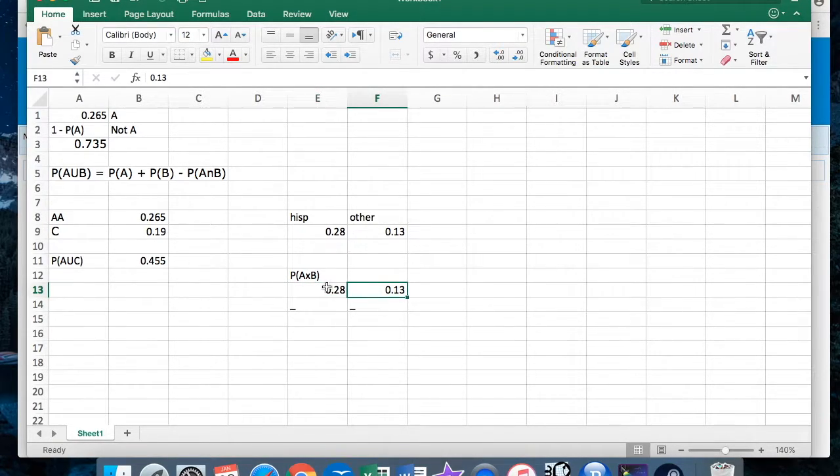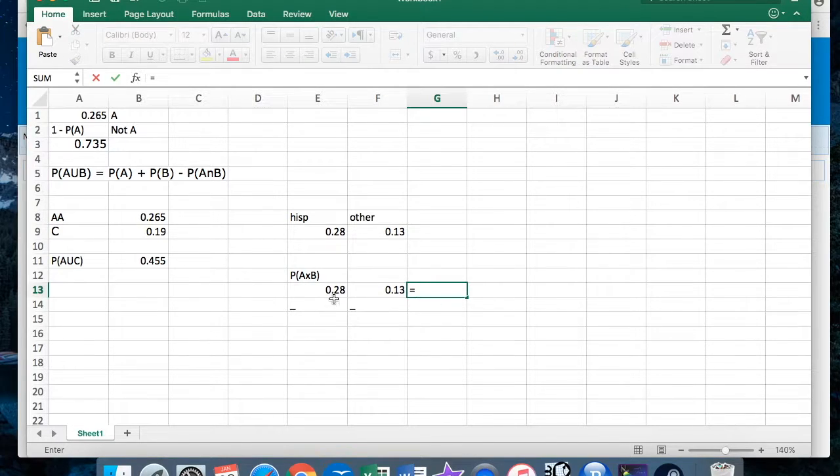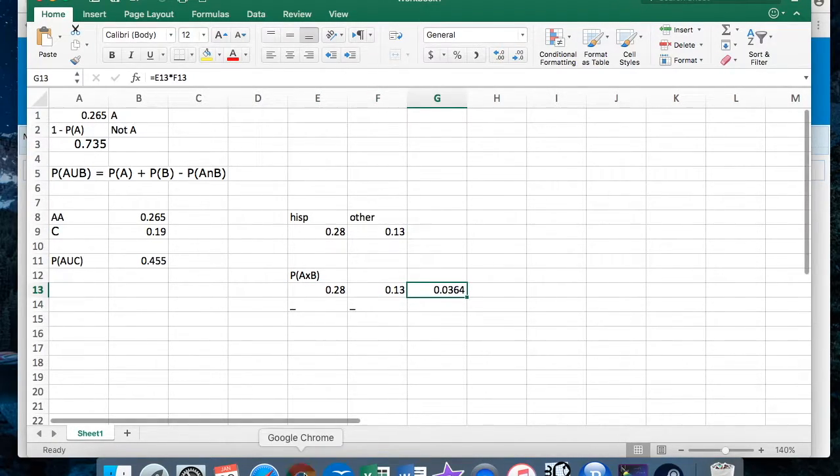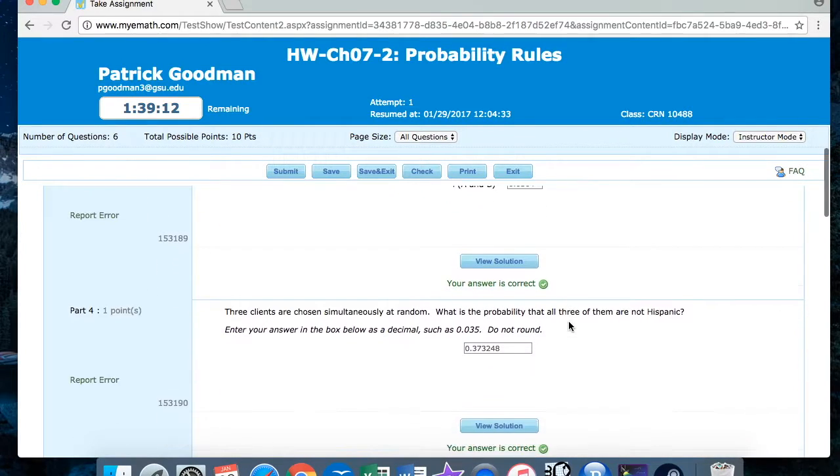So it'd be your 28% times your 13%. This just says that the first guy I pulled out is Hispanic, the second guy pulled out is other. So the probability of this kind of event happening is around 3%, so pretty small.